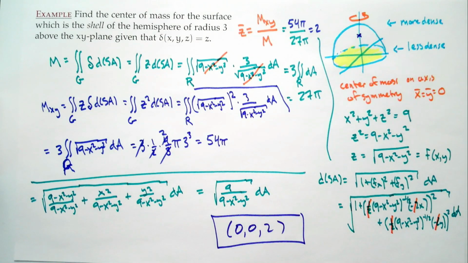Is it reasonable? I think it's reasonable, because certainly the dense part is near the top, so we should be slightly biased towards the top. And the good news is that 2 is between 0 and 3. If we had gotten an answer of 5, we'd be very nervous, because you can't have a center of mass be such that your whole object is all on one side of your center. That's not centered at all. All right, so there's an example.